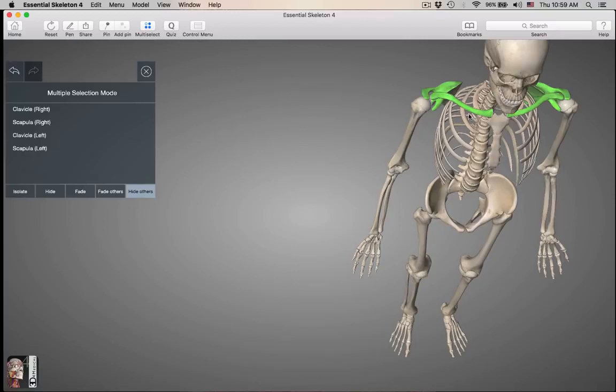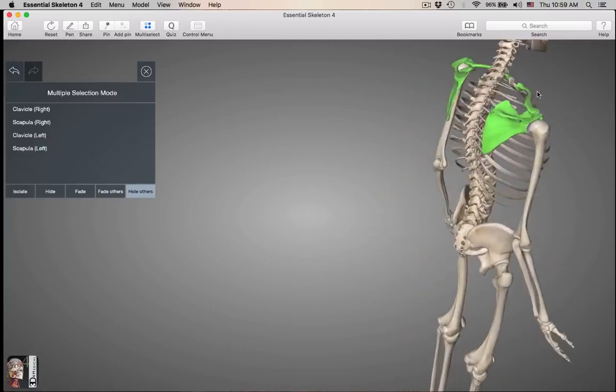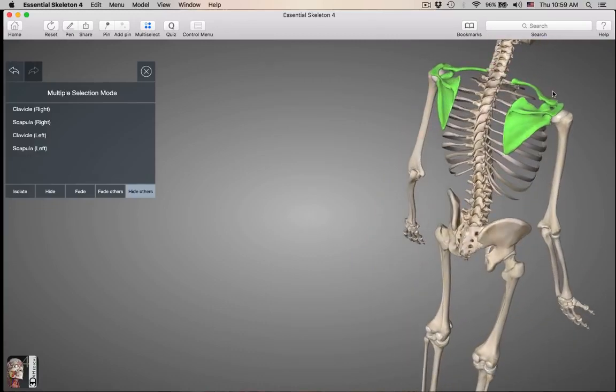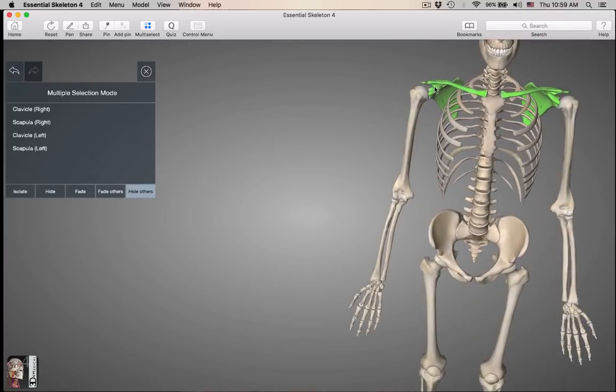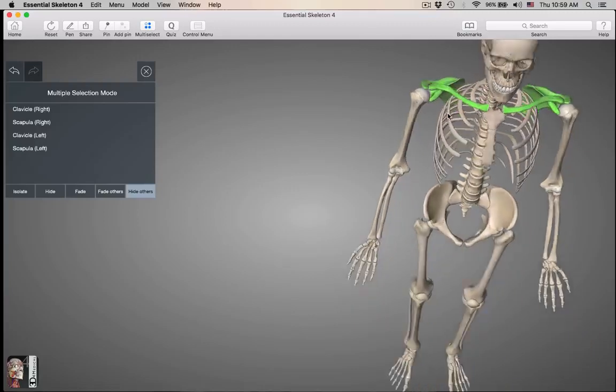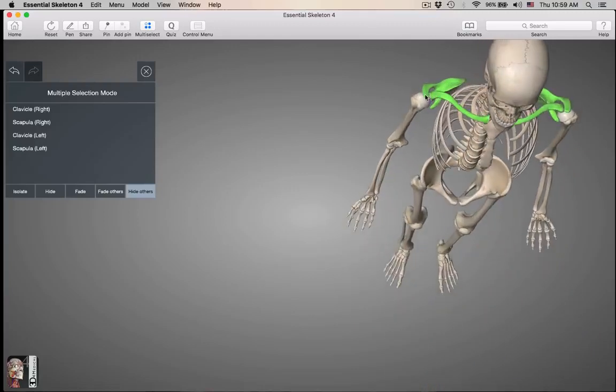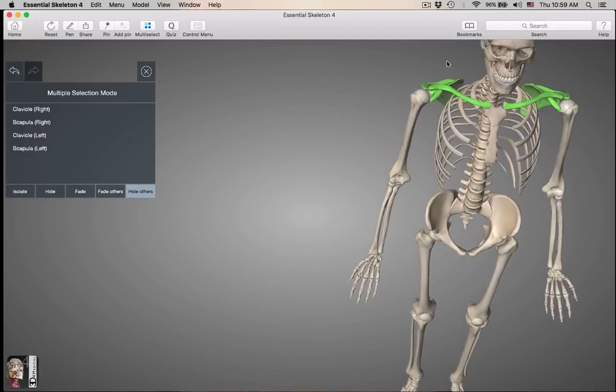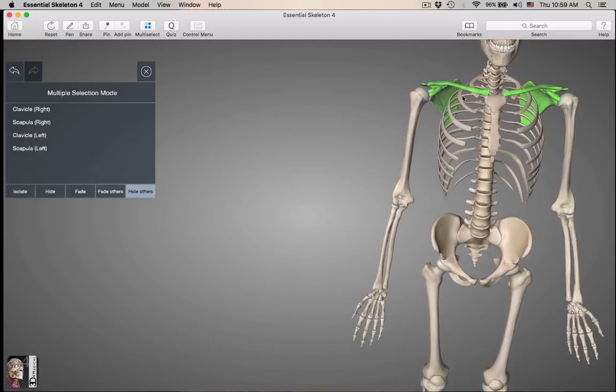Only the clavicle, this bone here. The scapula has no direct contact with the axial skeleton. It has indirect contact via its contact with the clavicle, but the scapula has no direct contact.